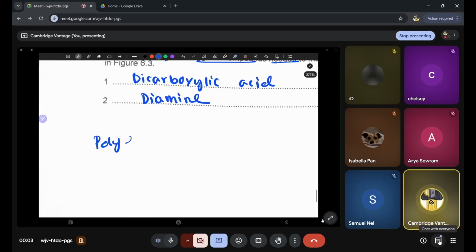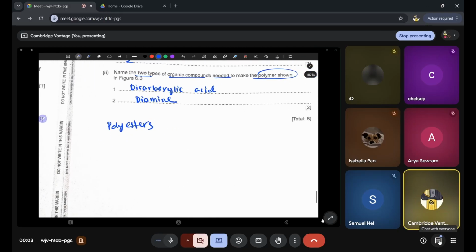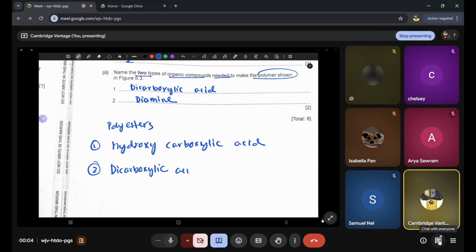For polyesters, since we are talking about condensation polymers, what you will require is a hydroxycarboxylic acid or a dicarboxylic acid plus a diol.